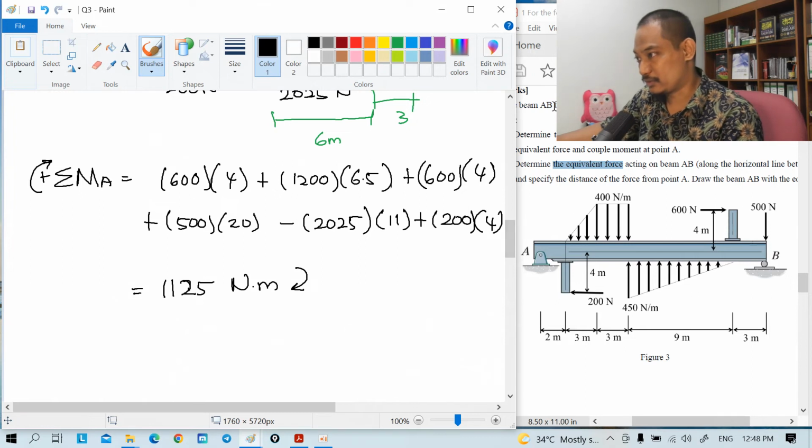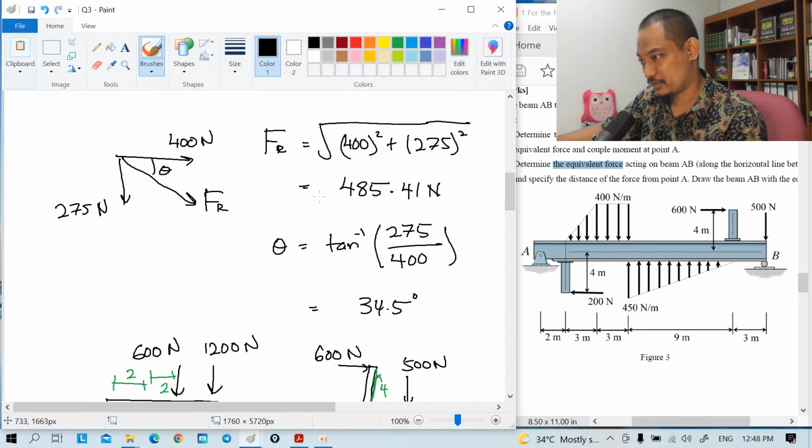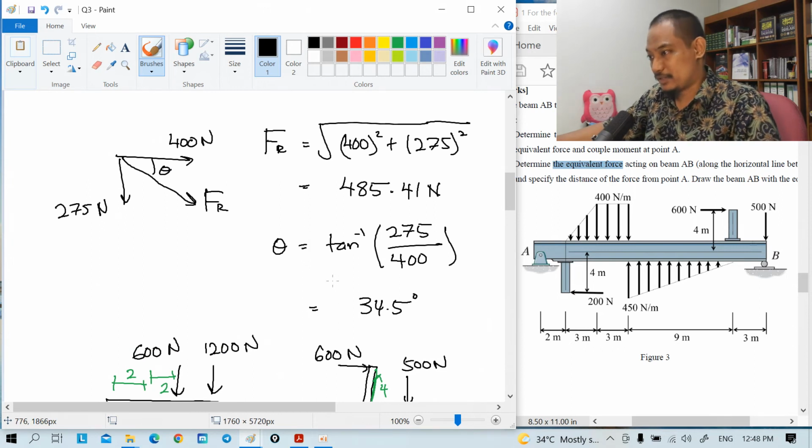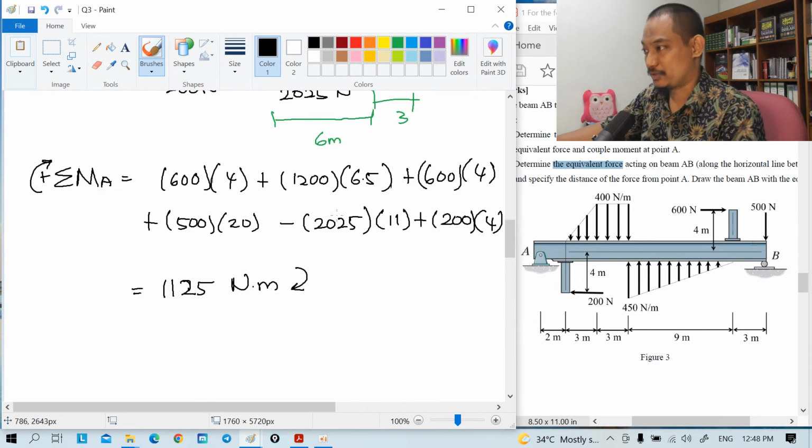Okay, again the question asks for equivalent force and couple moment at point A. So equivalent force is there, angle is there, as well as moment is there.